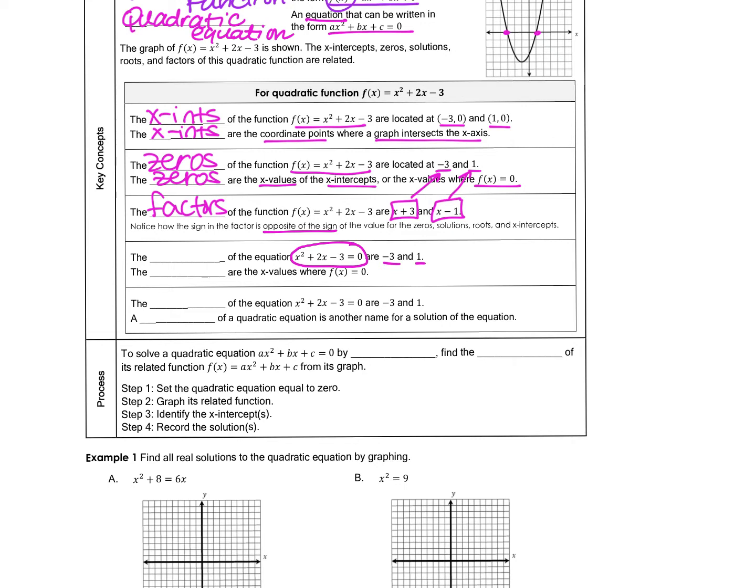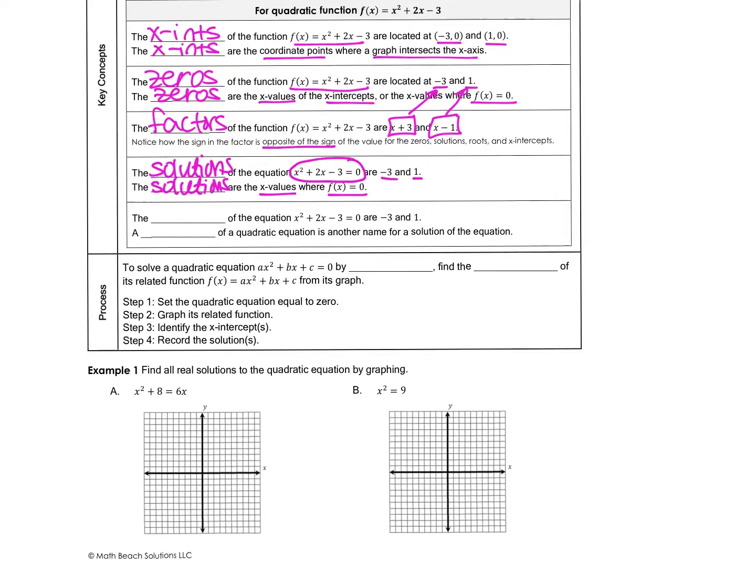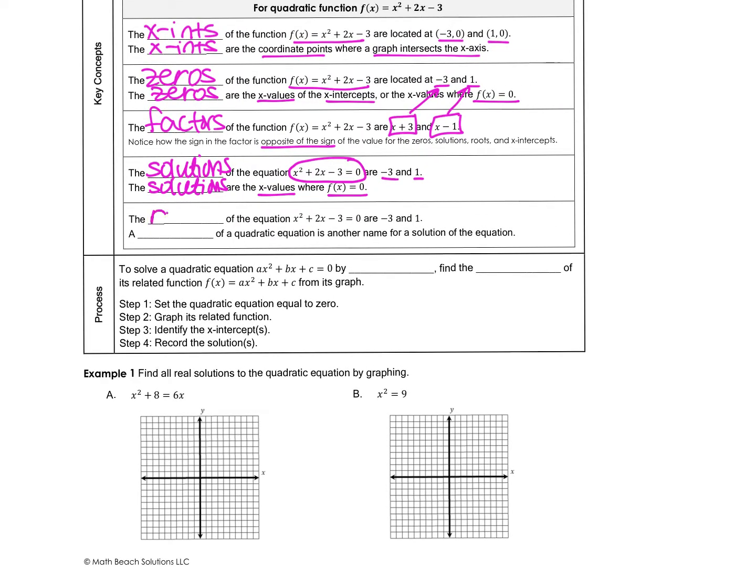So these are called solutions. And the solutions are the x values when your y is 0. Another name for solutions is roots. So the roots are also negative 3 and 1.